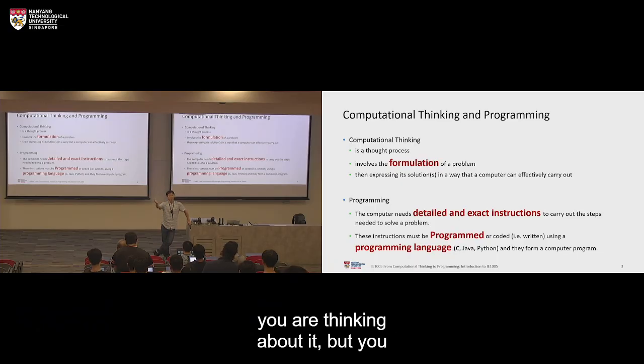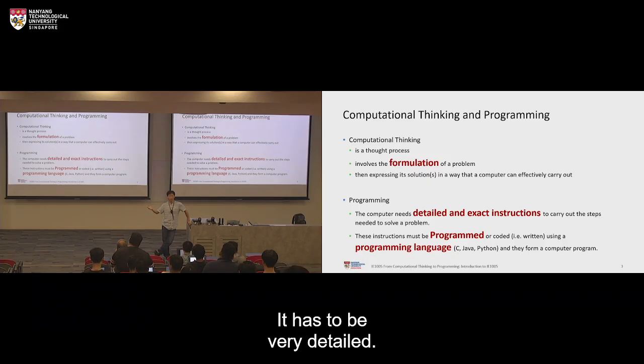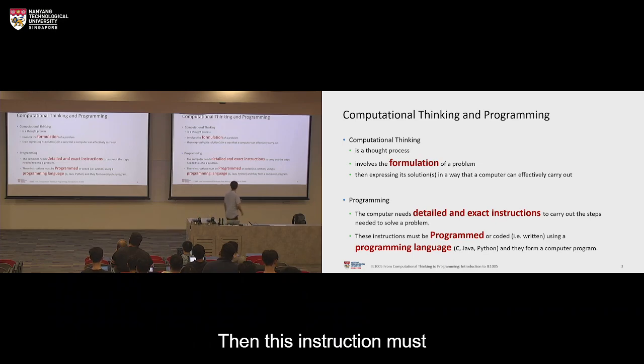But you know what? Actually, you are thinking about it, but you don't notice it because it's too natural. But for the computer, we need to give this kind of instruction one by one. It has to be very detailed.